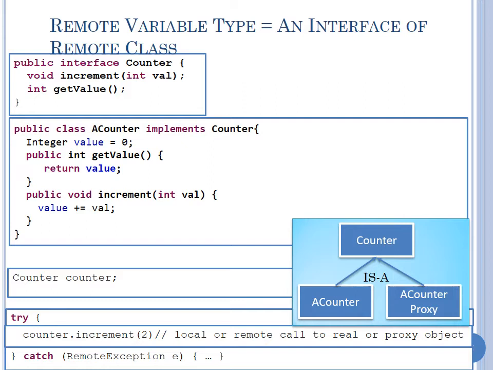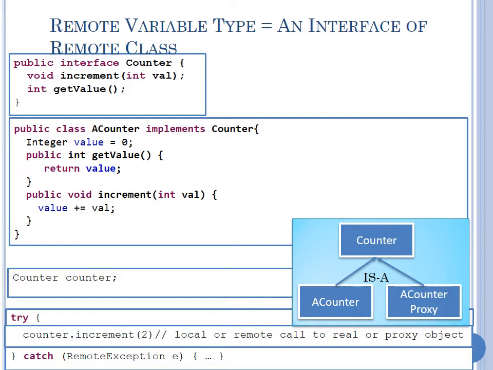We don't have to create the interface, so we'll just tell Java to create an instance of the counter interface that goes and forwards the methods to the remote object. So this is more or less it. Interfaces are the key here.